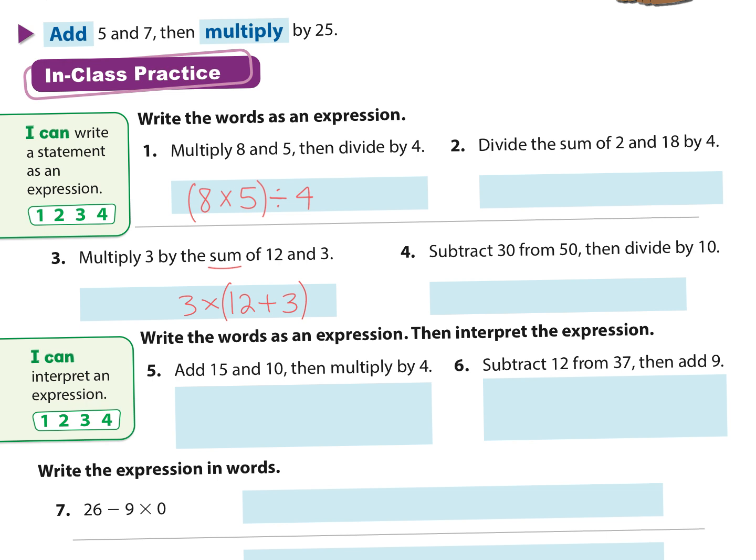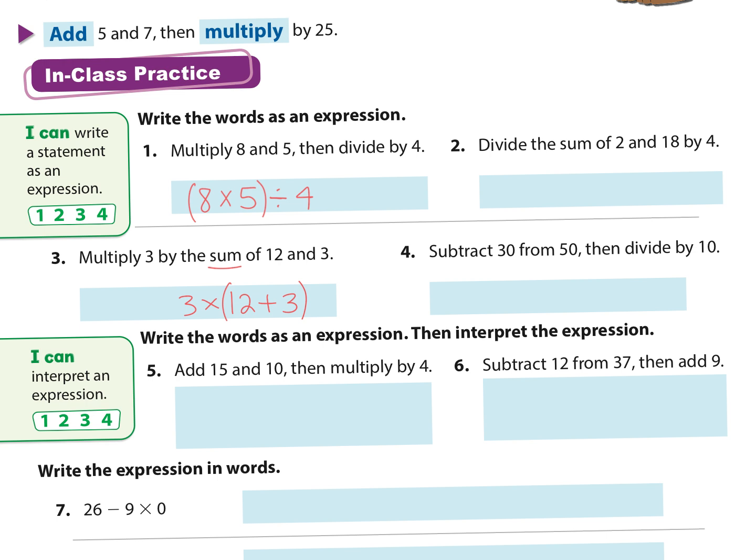Okay, the next one is going to be writing words as an expression and then interpreting the expression. So write the words as an expression. I want to take these words and write it as an expression. Remember, an expression is made up of numbers and symbols. So if I'm adding 15 and 10, then multiplying by 4, what might that look like? Add 15 and 10, then multiply by 4.